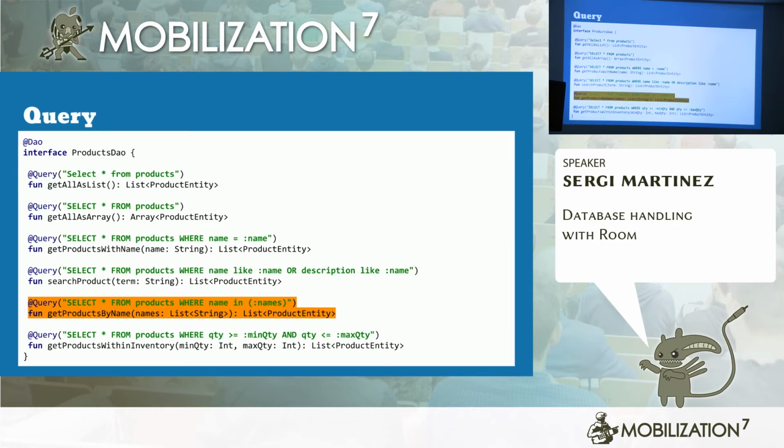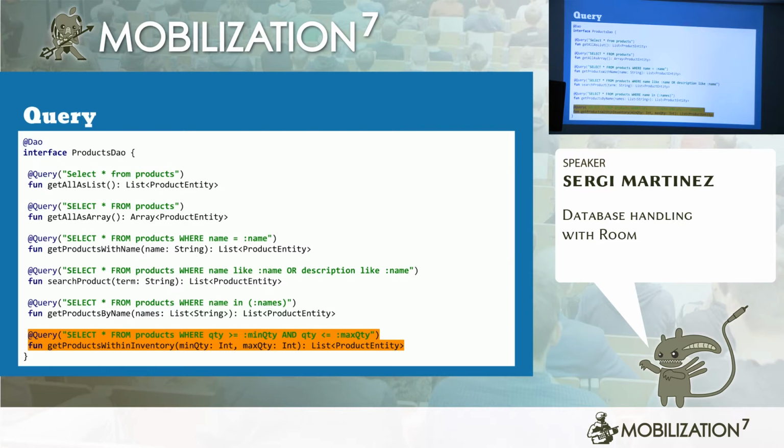So if the list contains three strings, the IN will just expand them and separate by commas. And this case is just two integers saying, okay, quantity should be greater or equal to minimum quantity, and quantity should be less or equal to max quantity.